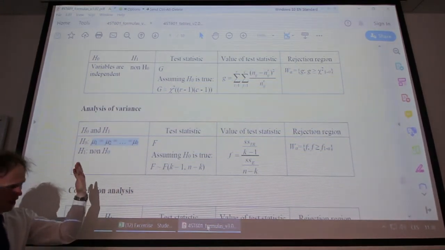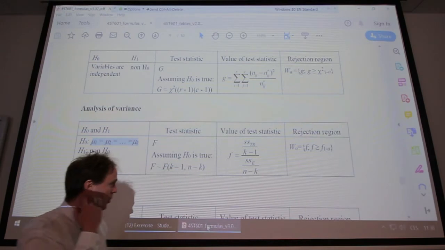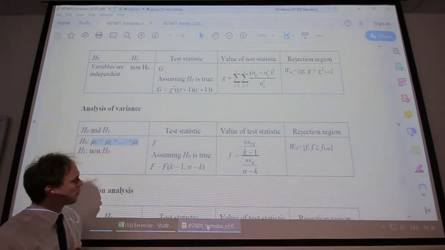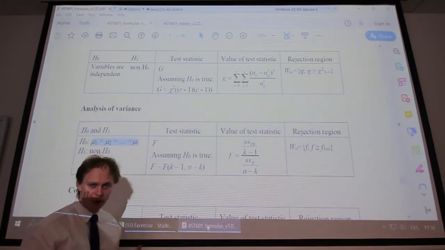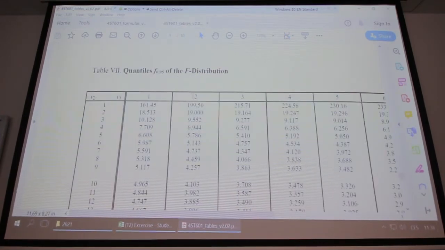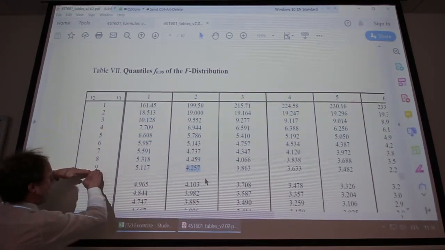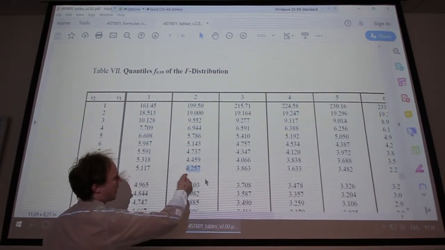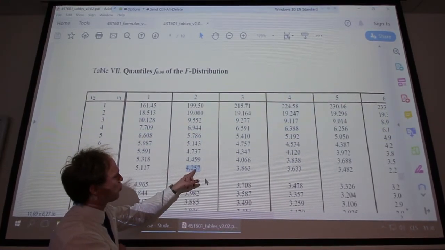So we will search for the 95% quantile of the Fisher distribution with how many degrees of freedom? Ni1 and Ni2, 2 and 9. Please check the statistical tables, Ni1 equal to 2 and Ni2 equal to 9, and there you can see the result: 4.257.